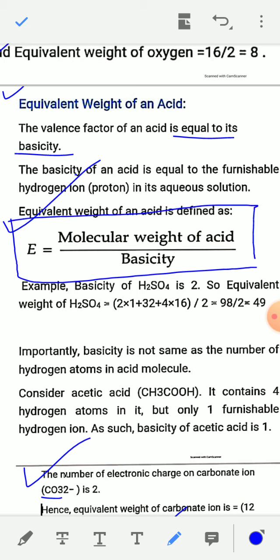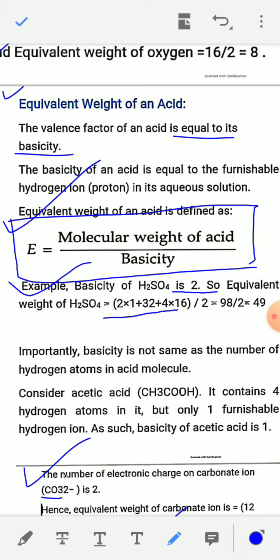For example, sulfuric acid can release 2 H+ ions in aqueous solution. So basicity of sulfuric acid is 2. The molecular mass of sulfuric acid is 2 into 1 plus 32 plus 4 into 16, that is 98.